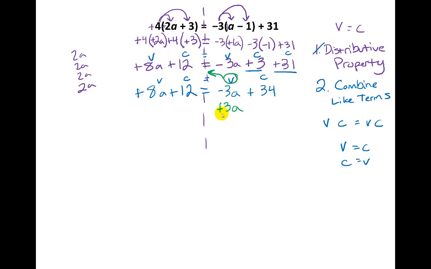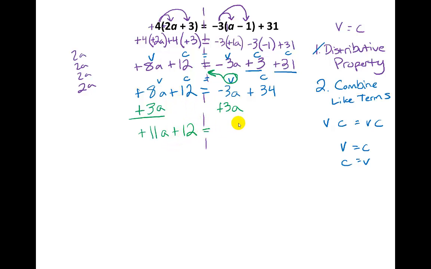We're working with variable terms. I have this a, so I have to go to the variable term and add the 3a here on the left side. So if I have 8a's and I have 3a's more, 8 plus 3 means we have a positive 11a. I'm going to bring down the 12.